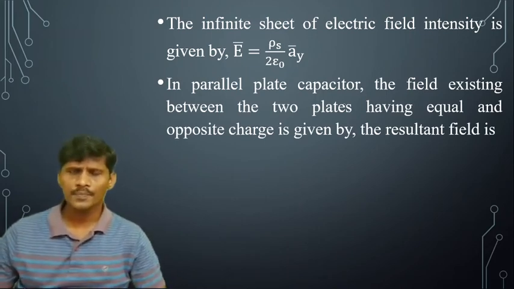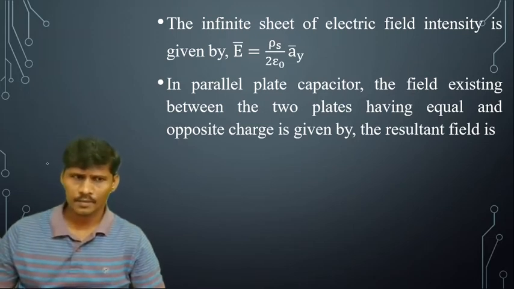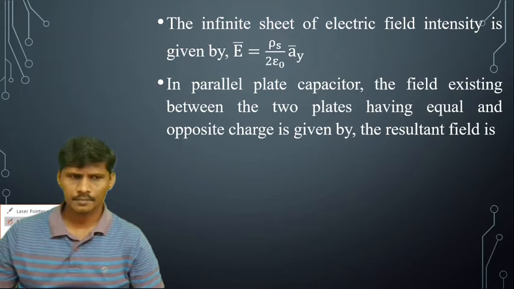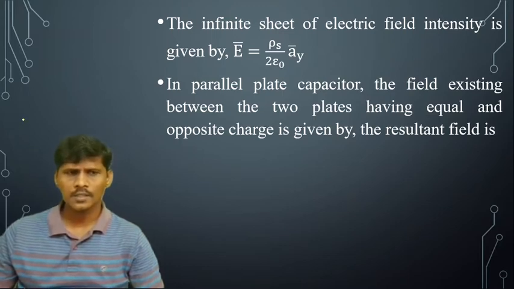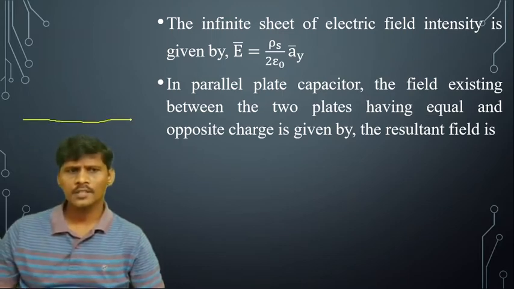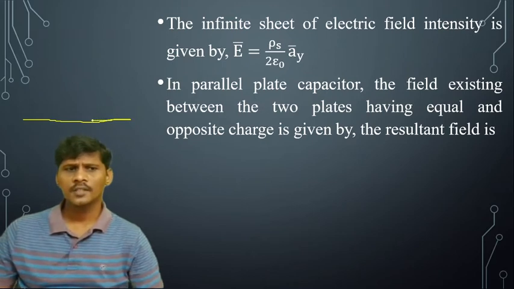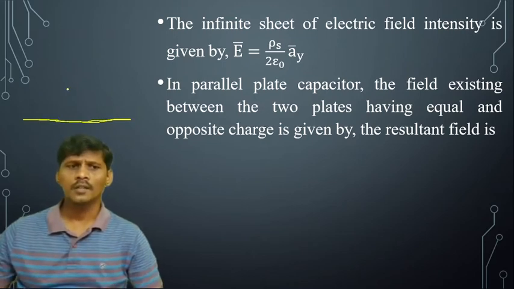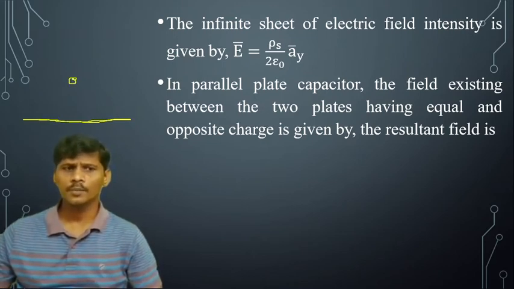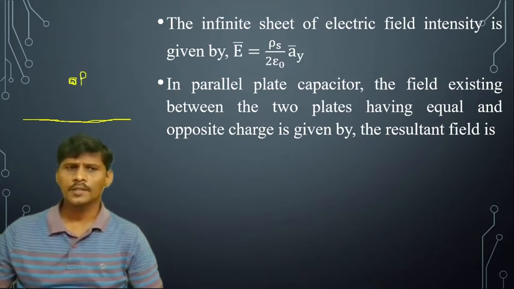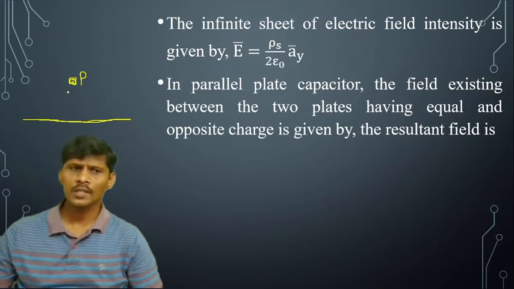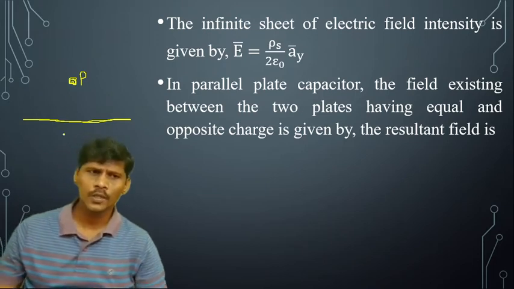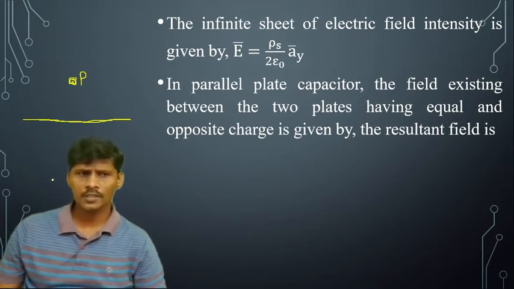Now here is conducting sheet 1. This first conducting sheet is considered as an infinite sheet of charge, and this is the point P. Calculate the electric field intensity at point P. What is the electric field intensity due to this conducting sheet?